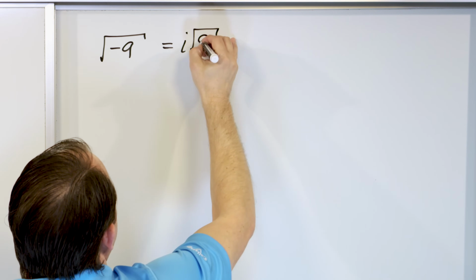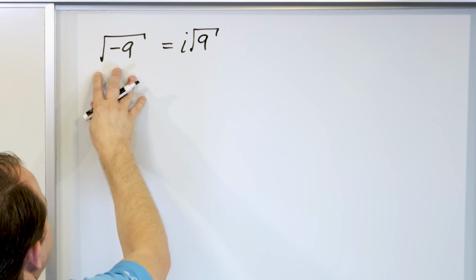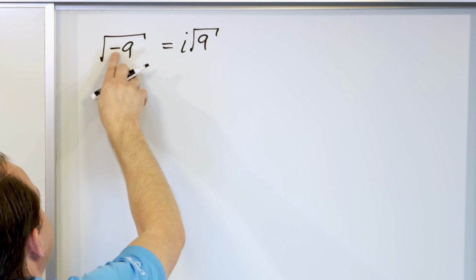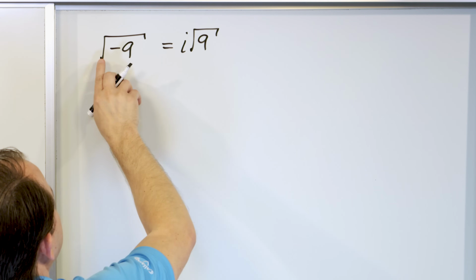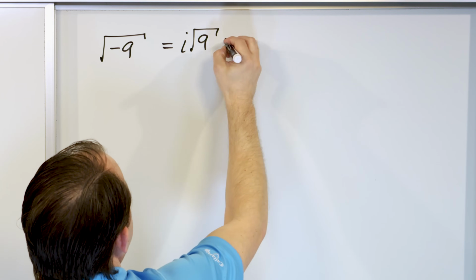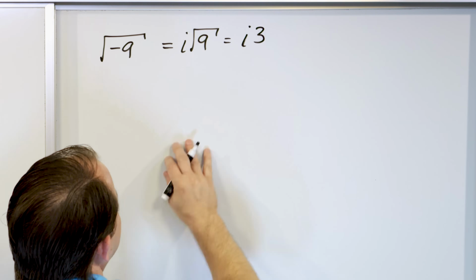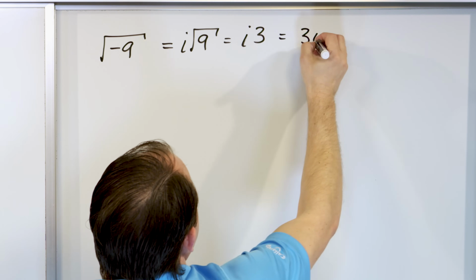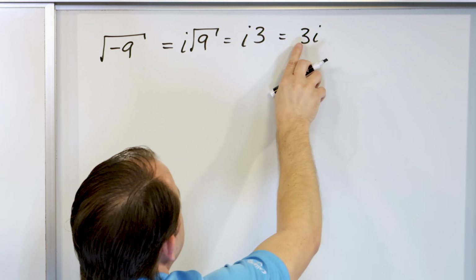But you'll still have this square root of 9 left over. That i comes about because we're taking the square root of the -1 in there, poof, it turns into an i. But the square root of 9 is still left over, which you all know is 3. So you can write it as i times 3 if you want. But the way we write imaginary numbers is we always put the number first. So we say that the square root of -9 is 3i.